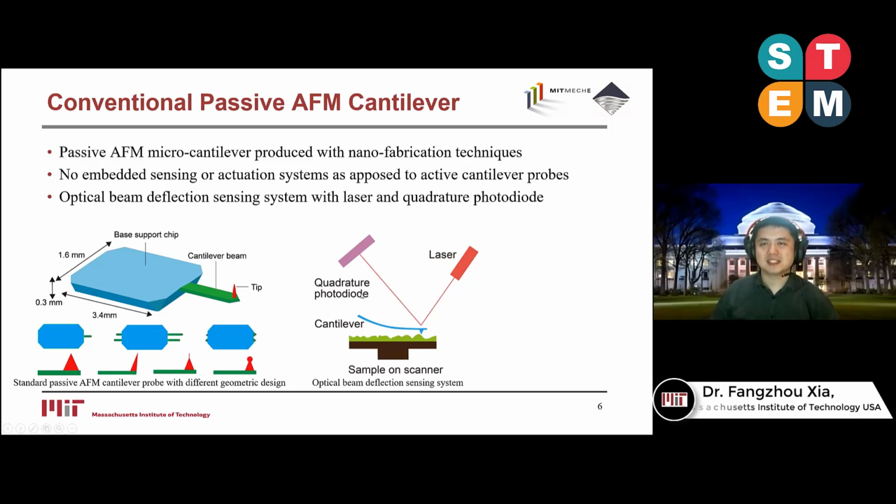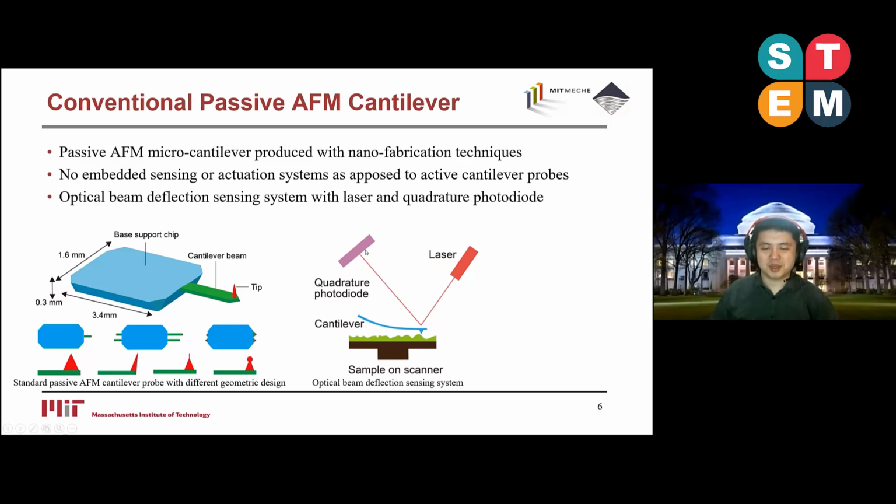Basically, we have a laser focused at the back surface of the cantilever, and then it's reflected and picked up by this quadrature photodiode, where the motion of the laser is amplified by the optical path, and then we can get the tip deflection, usually at sub-nanometer resolution. As you can see here, we require a transparent path for the light to go through in this case.